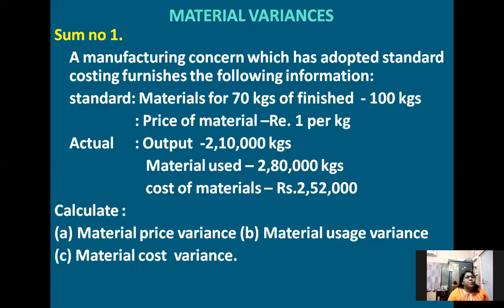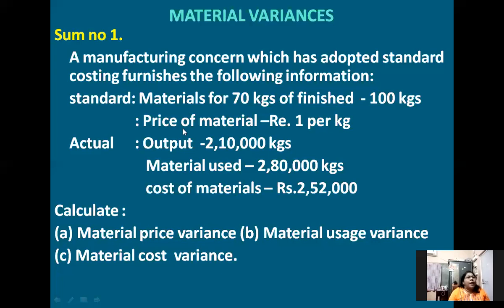As per this problem, we have the standard materials: for 70 kgs of finished product, 100 kgs of materials are needed, and the price per kg is available.